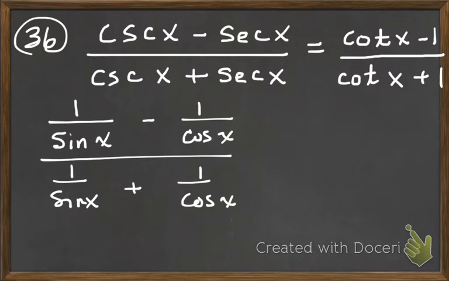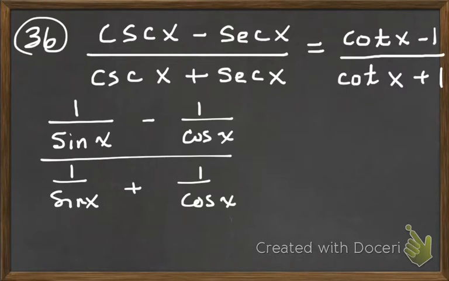You could, if you factored a negative out of the top, you would get secant x minus cosecant x. I wish it could be that easy, but you could never get the same exact binomial on the top as you do in the bottom by factoring.